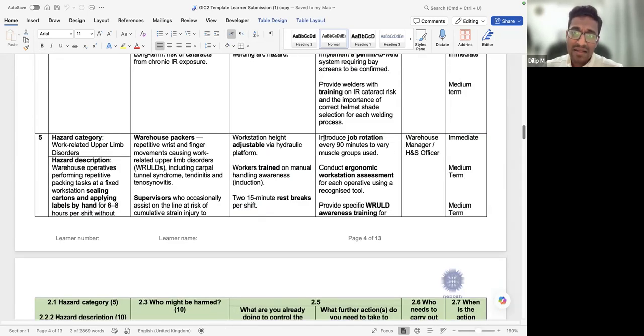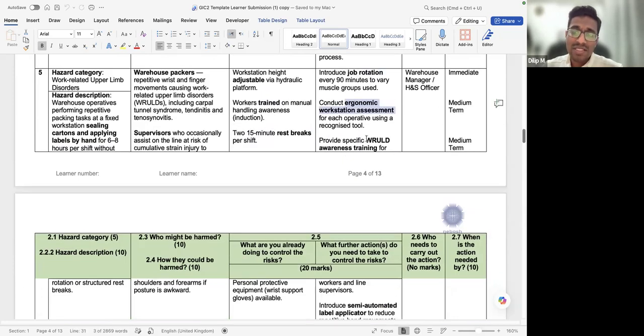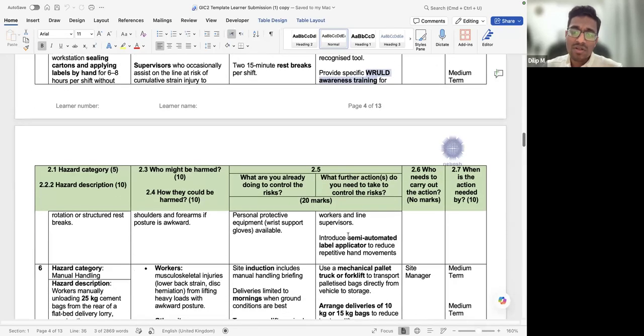Okay, and then additional control measures, further actions: job rotation, ergonomic workstation assessment, and provide specific upper limb disorder awareness training, and then introduce a semi-automated label applicator. So they are now applying labels by hand.